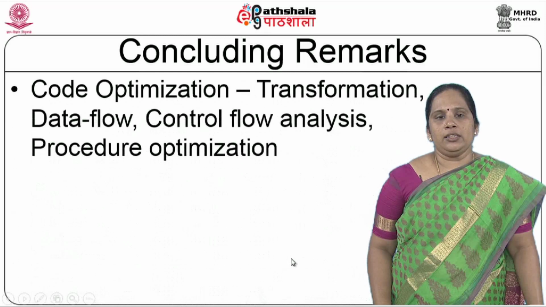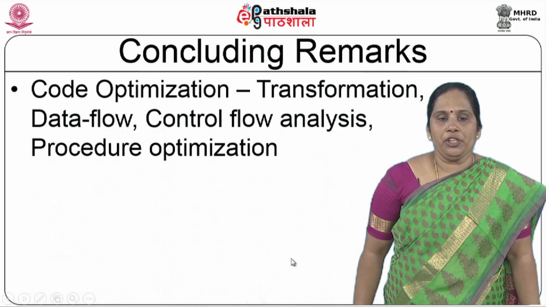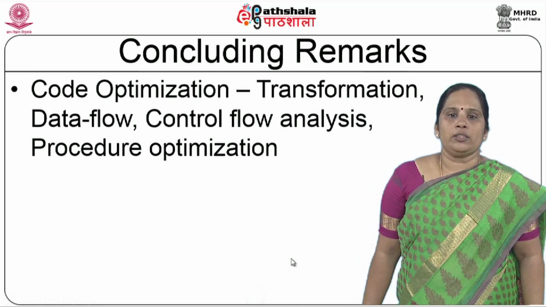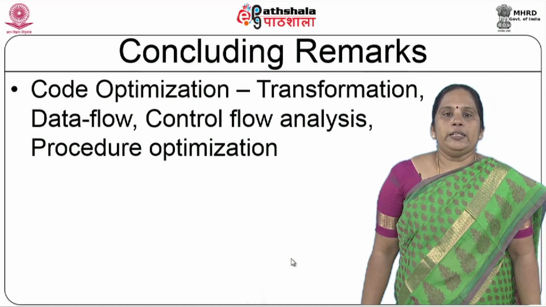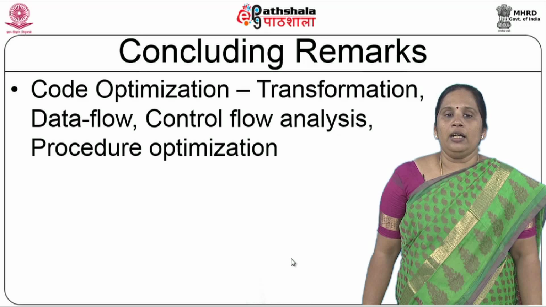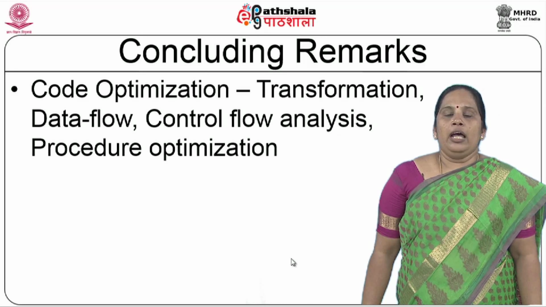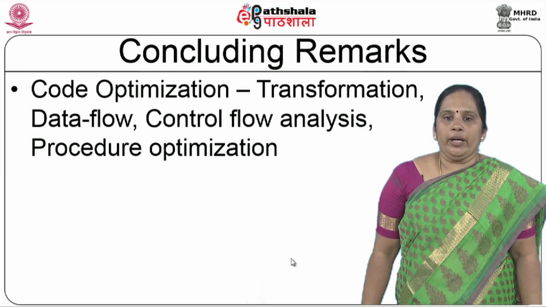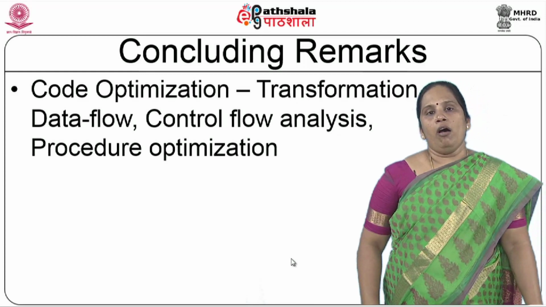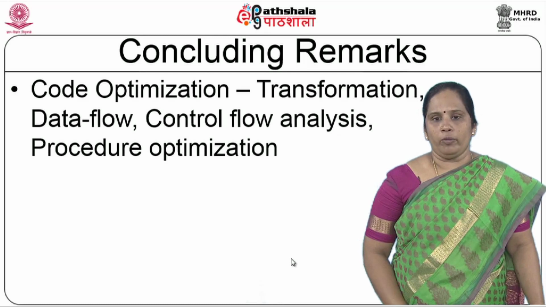Then the last thing is we looked at code optimization, where we converted the three address code statements into basic blocks, and these basic blocks were represented either as a control flow graph or as a directed acyclic graph. And then we tried to optimize within the basic block, which is local optimization, or across basic blocks, called global optimization.